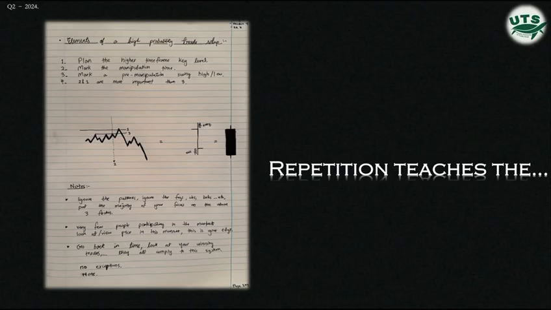Here's a picture I repeat, and I try to repeat this as many times as possible without causing it to be annoying. But this is crucial, right? Plan the higher time frame key level. Mark the manipulation time. What is this manipulation time? It's London.